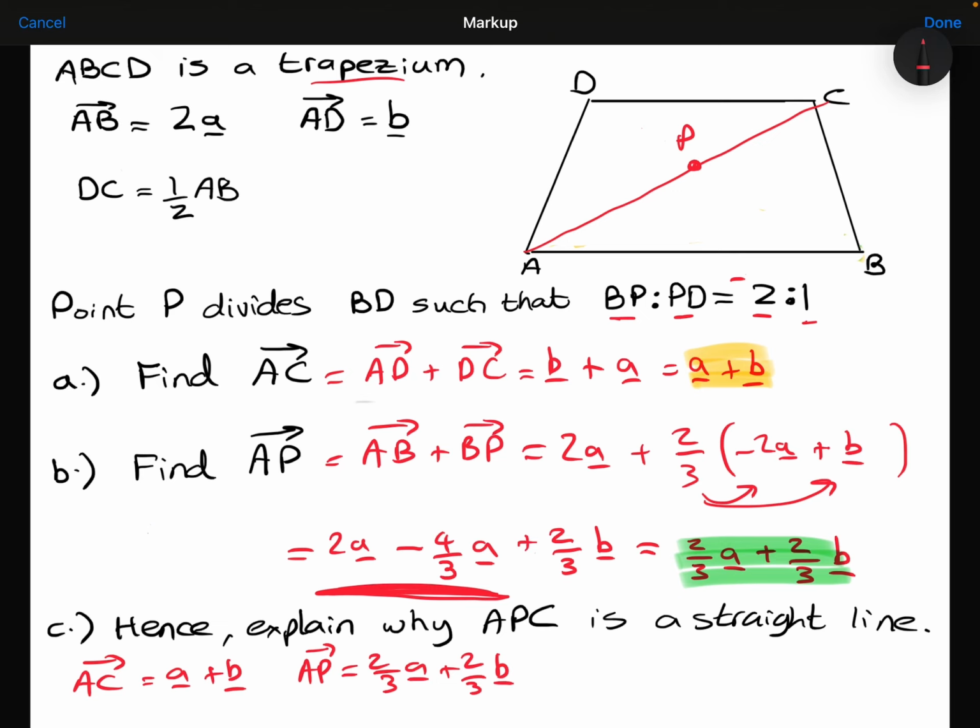Now, comparing those two vectors, I hope that you can see that this vector, AP, is 2/3 of this vector. If I just multiply AC by 2/3, I get the vector AP. So I can say that AP is equal to 2/3 AC.